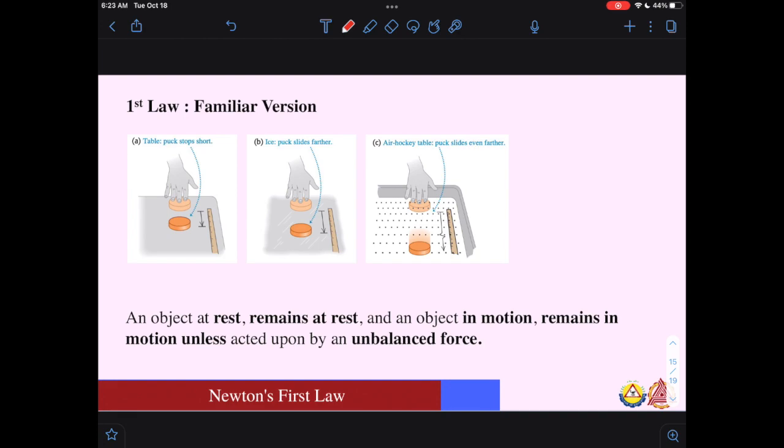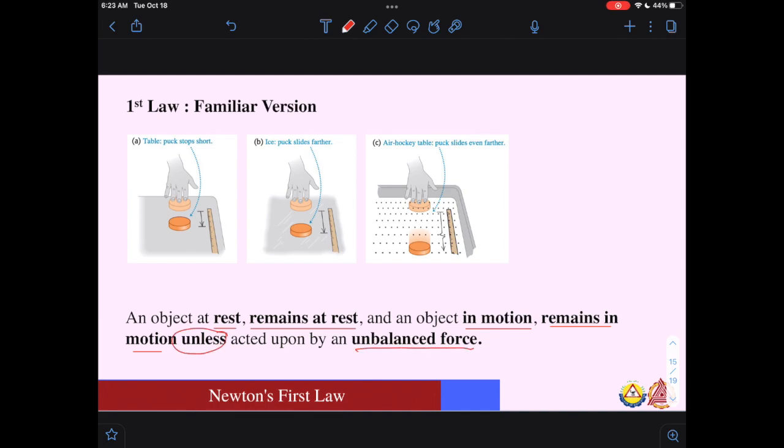physics classes, that an object at rest remains at rest and an object in motion remains in motion unless acted upon by an unbalanced force.